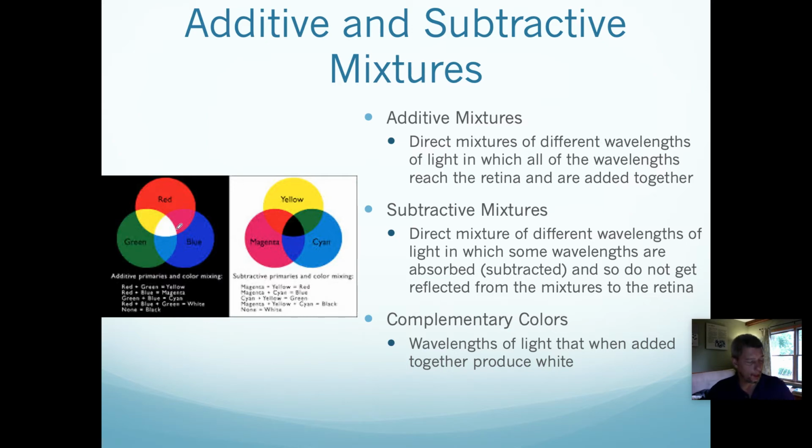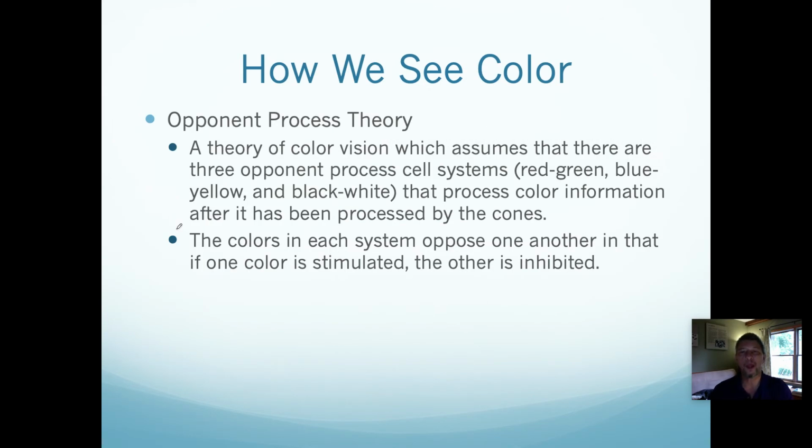All right. Okay, so how do we actually then see color? Well, the second possibility, if the trichromatic theory doesn't quite work for you, we have what we call the opponent process theory. This is a different theory of color vision, which assumes that there's three opponent process cell systems, meaning that they're antagonistic, they're fighting one another.